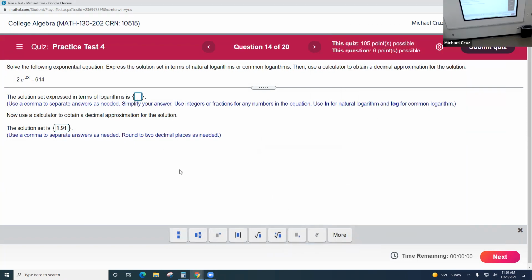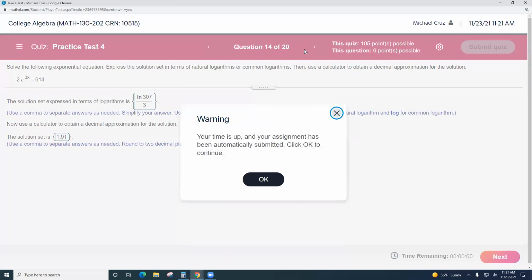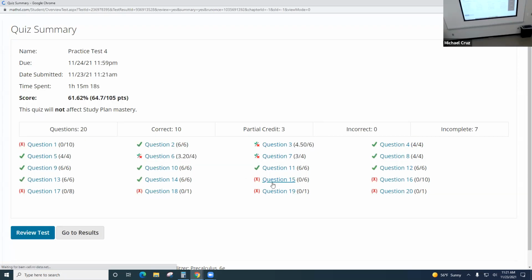So I'm going to put a fraction in there. I fixed it, I'm going to go back in, should be able to get back in.